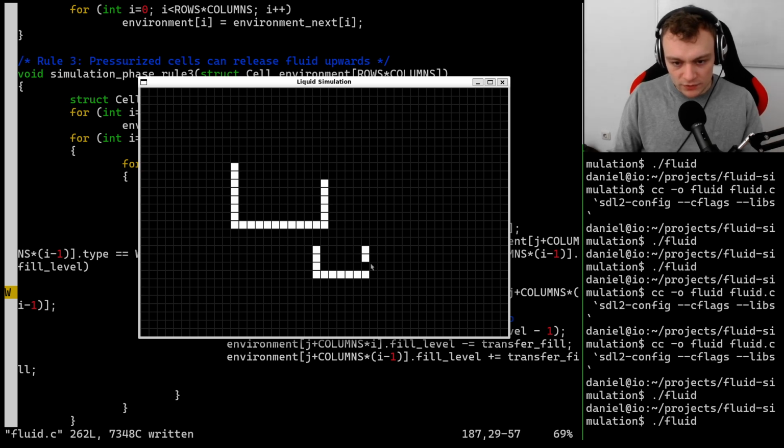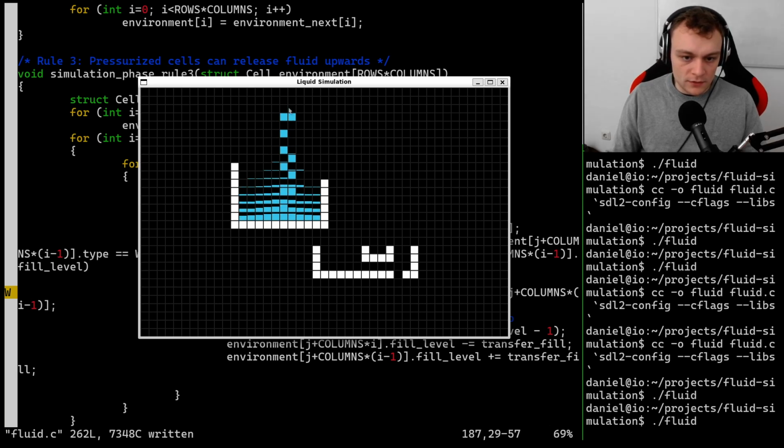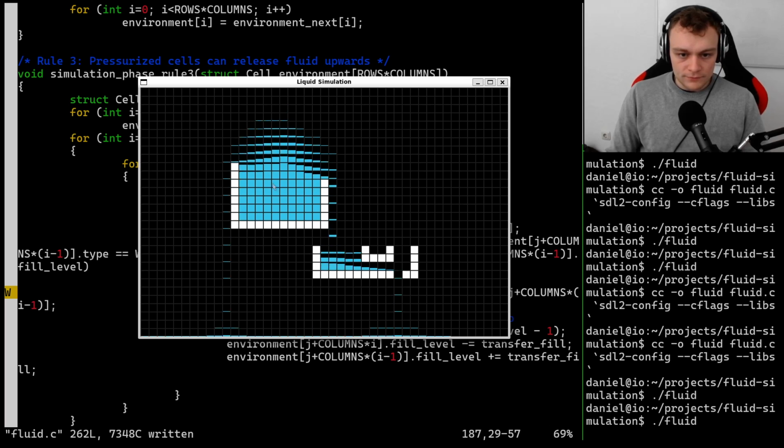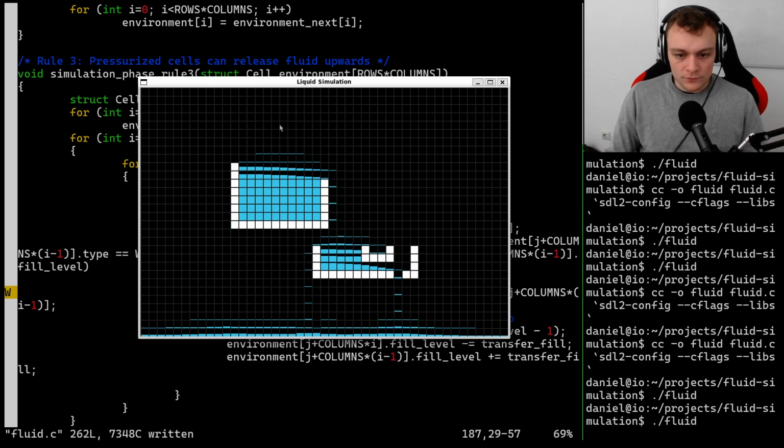Let me just make a bit more complex structure, just for fun. I think it works.